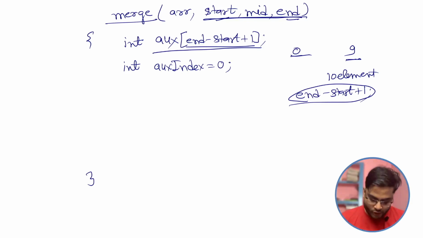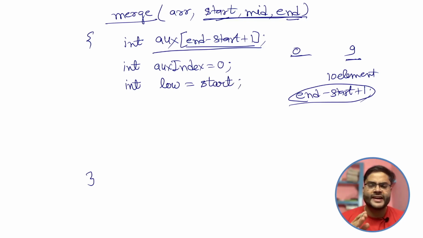Now let's take a variable, low, which will contain the starting index of the array, so it will be start. Now one more variable, high, which will store the first index of our second sub array. The low will store the first index of our left sub array, and the high will store the first index of our right sub array.